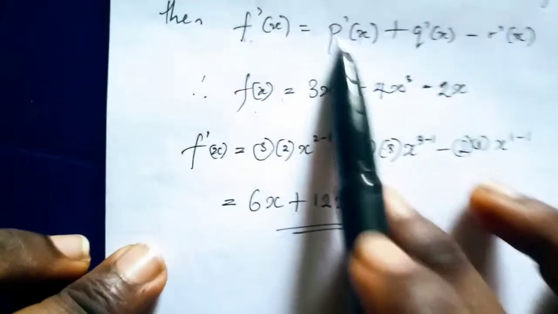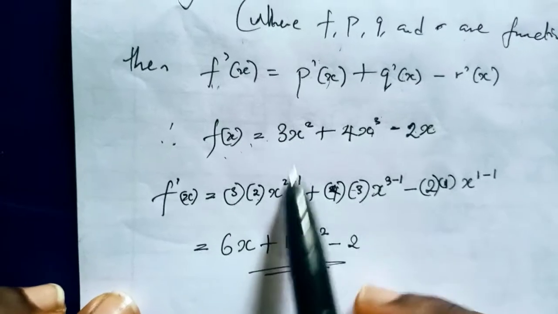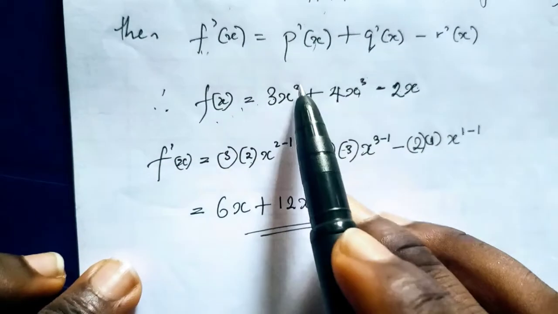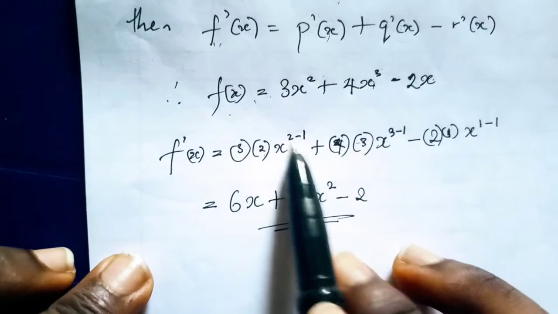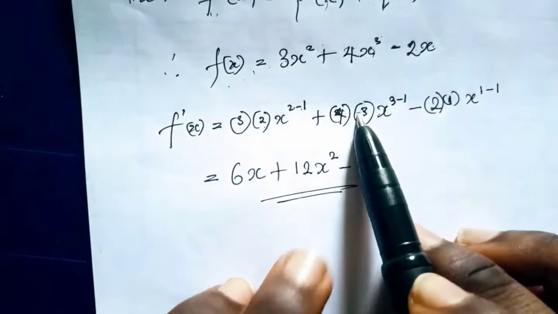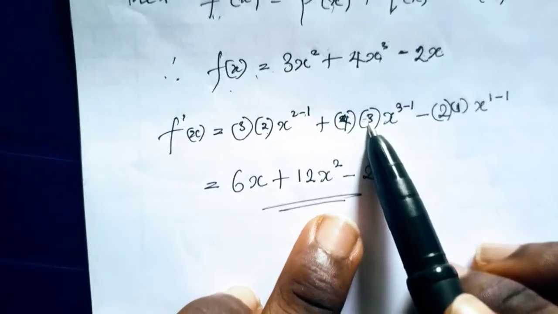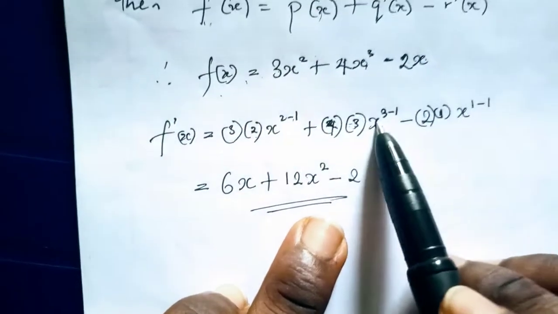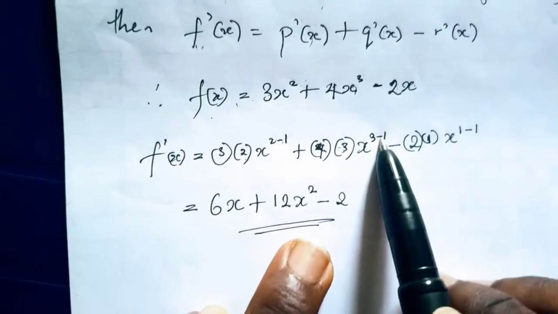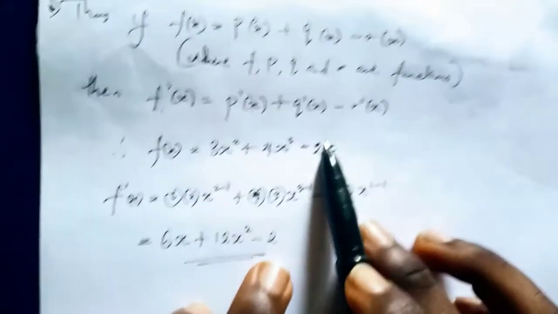Differentiating this function, we get f prime of x, and our p prime of x will follow the same rule we said earlier, bringing our 2 down and doing 2 minus 1. Same thing goes for q of x: I brought my 3 down, multiplying it by the 4, then I minus 1 from the power, minus our r of x.